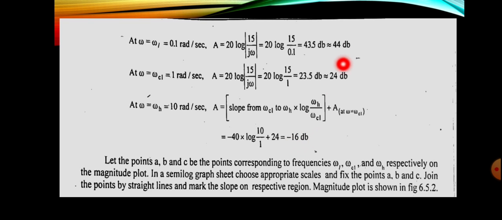So gain has positive and negative values, so it is marked on the y-axis. We have to take a 0 axis, and there should be some positive values and negative values. Omega, that is angular frequency, is a logarithmic value marked on the x-axis. Here we have to take 0.1, 1 and 10 values. You can use any scale.